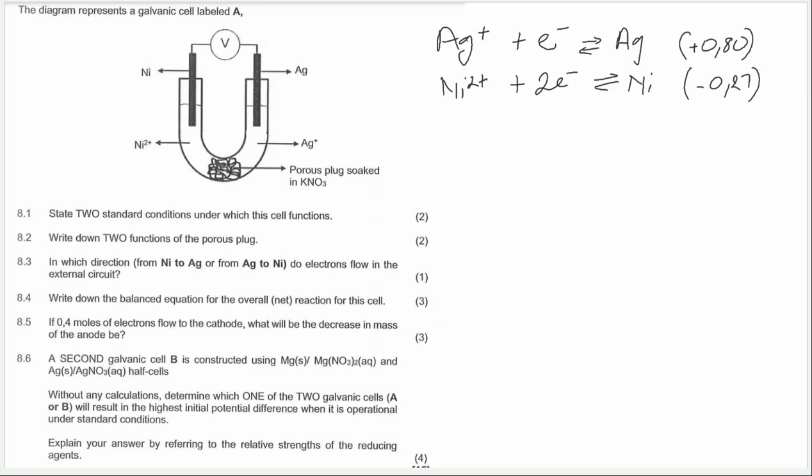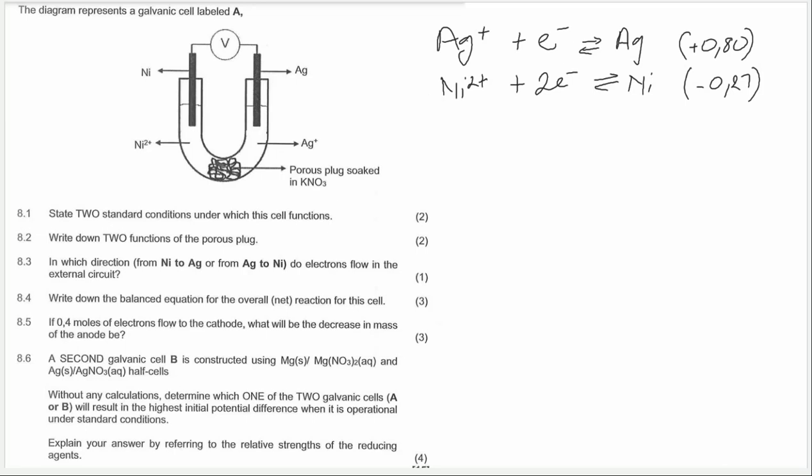So that means Ag has a lower reducing ability compared to nickel. All right, so you can see here that the standard potential of the Ag, which is silver, is greater than the standard potential of the nickel. So from these two reactions, you can determine which one is for anode and which one is for cathode.